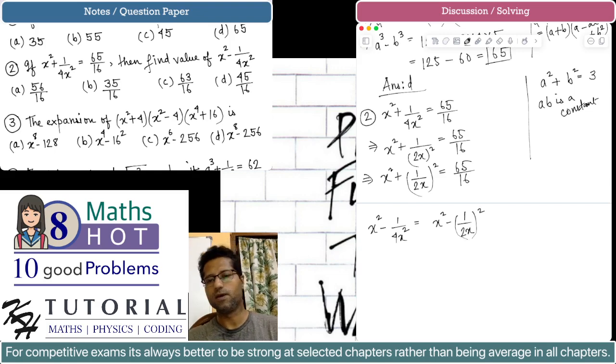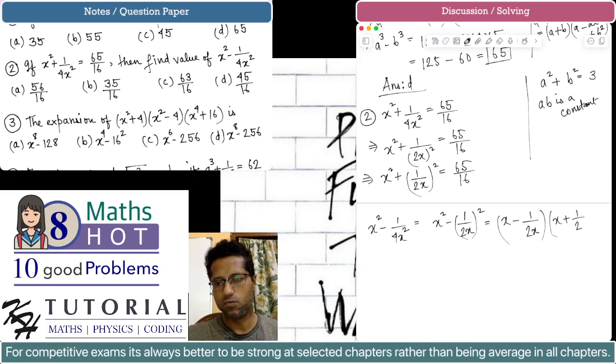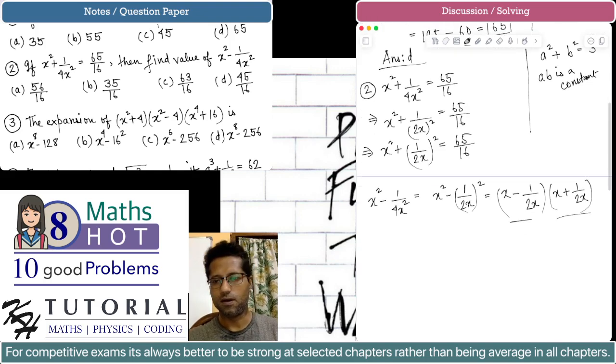This is in the form of a square minus b square, which will be equal to (x minus 1 by 2x) multiplied by (x plus 1 by 2x). So we have to somehow find the value of x minus 1 by 2x and x plus 1 by 2x, where we know the value of x square plus 1 by 4x square, and also we know that the two terms x and 1 by 2x, their product is a constant. So we will try to find the value of these two expressions.